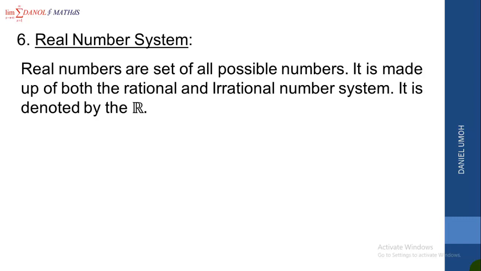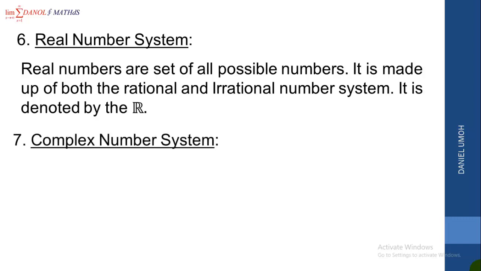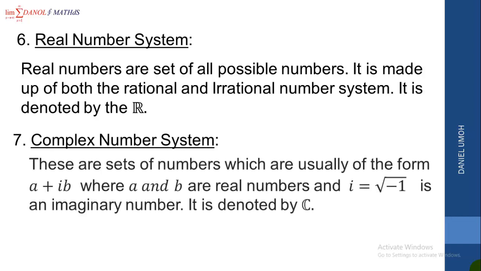The last type of number system we have is known as the complex number system. Now, a very wonderful type of numbers. These are a set of numbers which are usually in the form a plus ib, where a and b are real numbers and i is equal to square root of -1, an imaginary number.